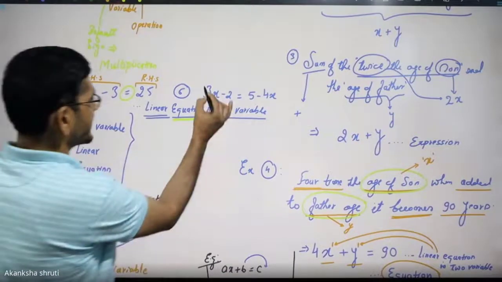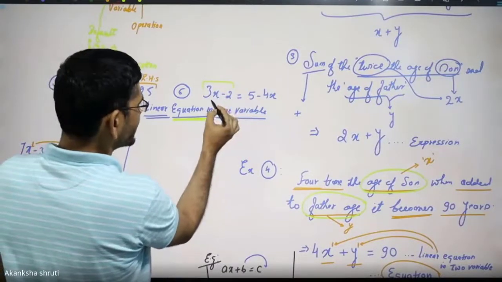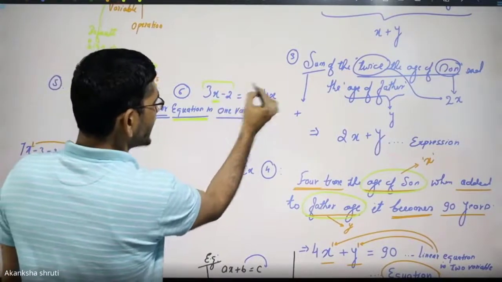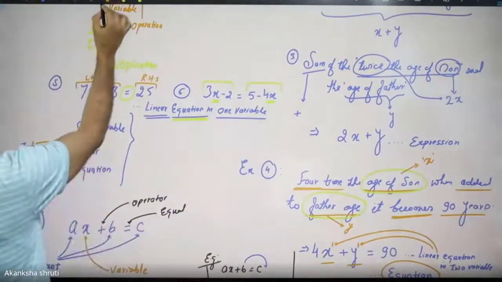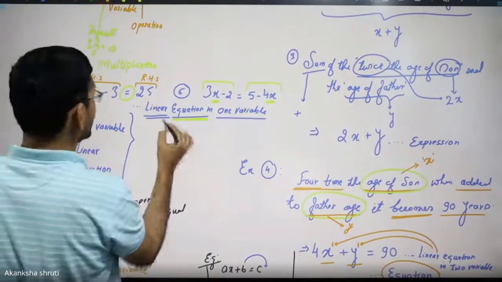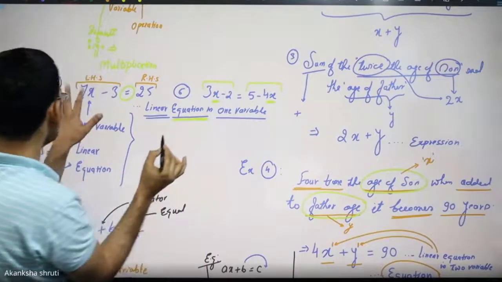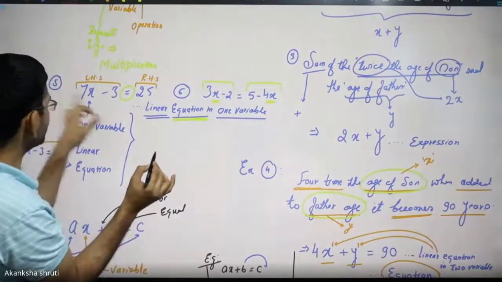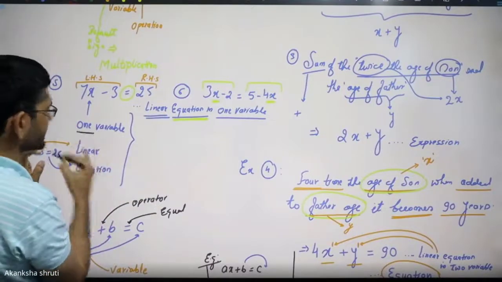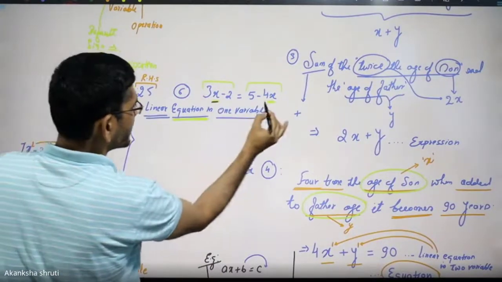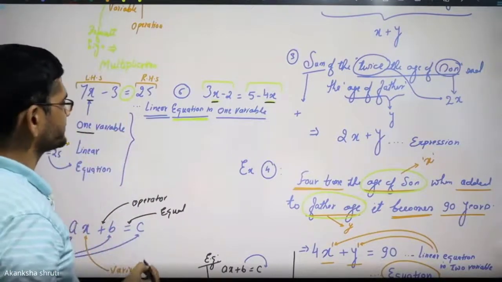Example, in the second case, in LHS we have the variable x, and on the right hand side we also have the variable x, so it is also an equation. In the 5th and 6th questions, we observe the number of variables is 1 only, whether on the left hand side or right hand side, that doesn't matter.